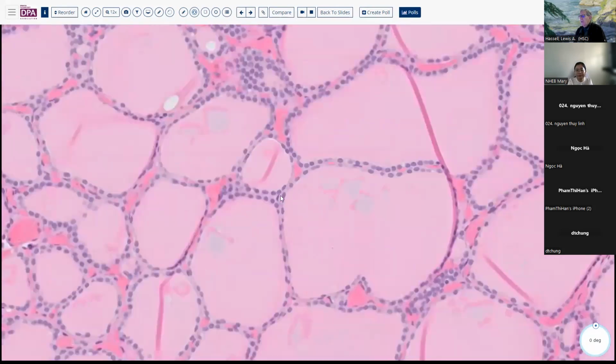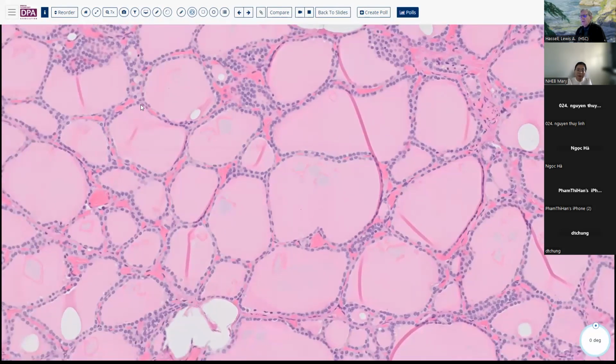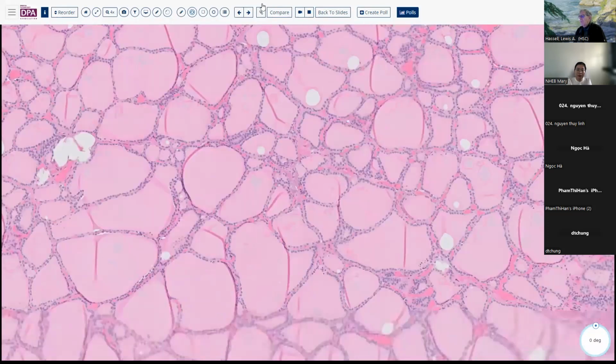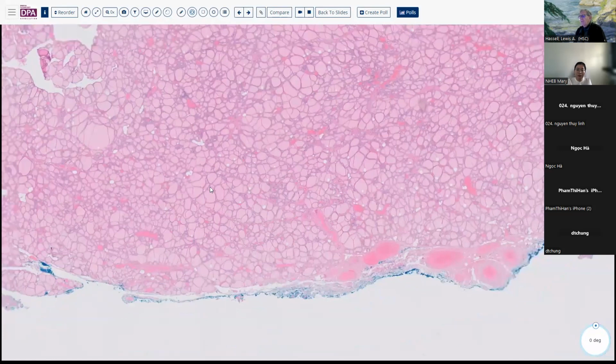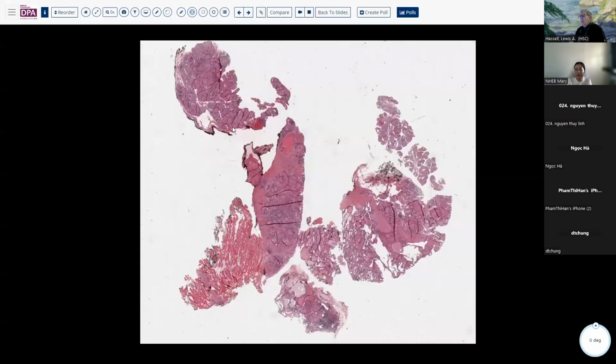We have nice, round, uniform nuclei, low cuboidal cells, solid colloid, and not much in the interstitium. So keep that image in your minds, recognizing, of course, that there's a variety and a range of things.